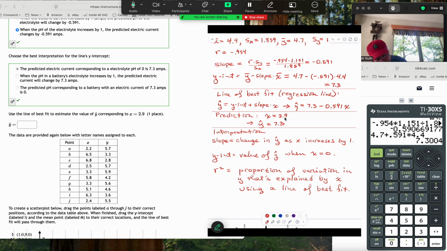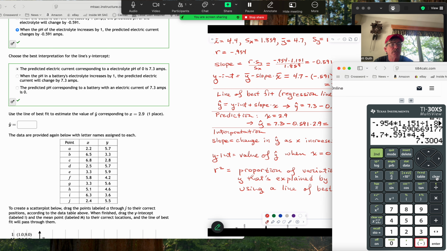So 7.3 minus 0.591 times x, which is 2.9.